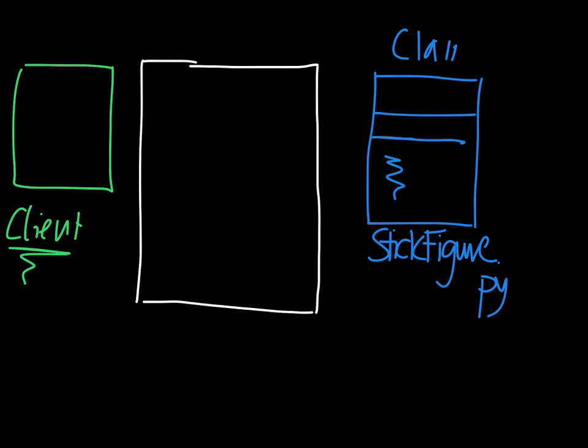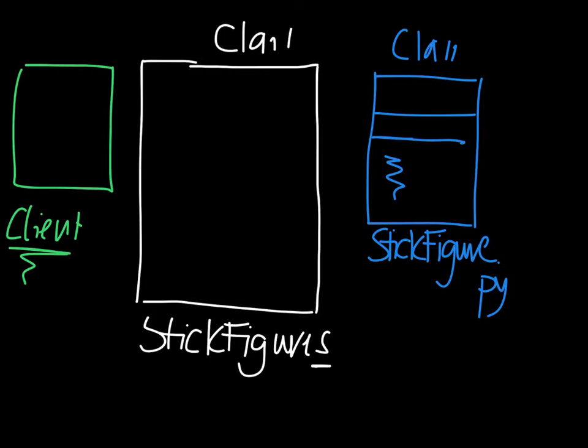Here is another class. Now this class I'm going to call stick figures. It's in the plural, okay? It is like the one in the blue, another class, but we're going to talk about what's inside this particular class here. The purpose of this class is actually to manage the list of all of these objects.